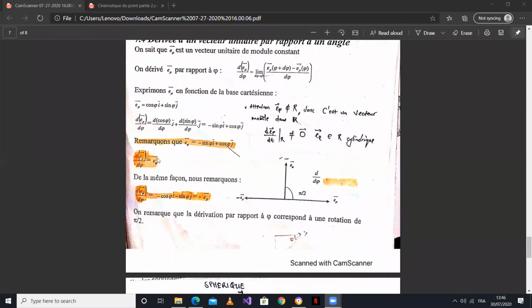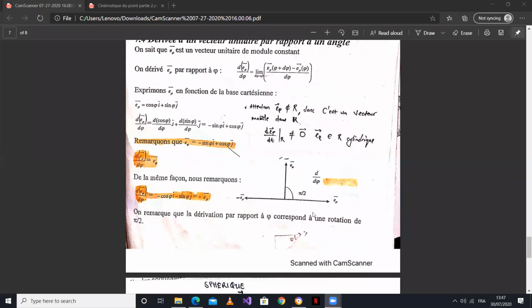That's where we can make a remark and establish a rule, which is that differentiation with respect to phi corresponds to a rotation of pi over 2. So when I take e_rho and derive it with respect to phi, it's like I am rotating 90 degrees. And as we have emphasized several times, e_rho and e_phi are orthogonal to each other. They are at 90 degrees to each other.